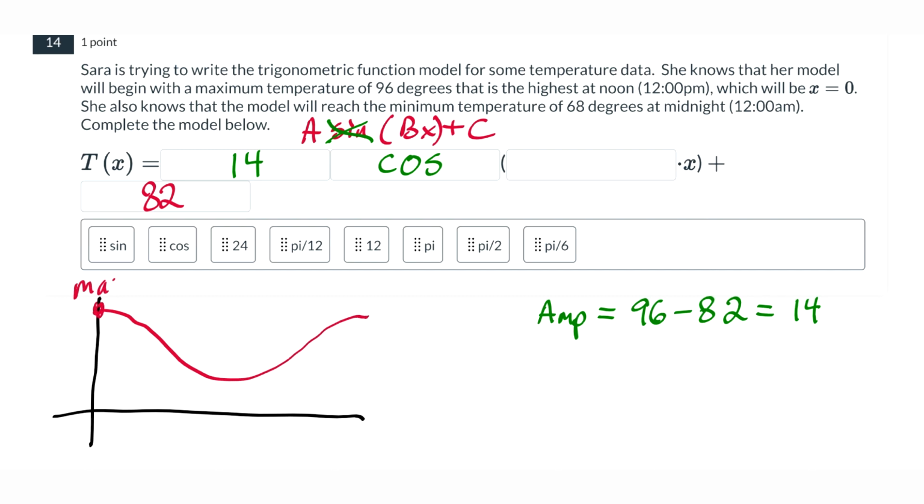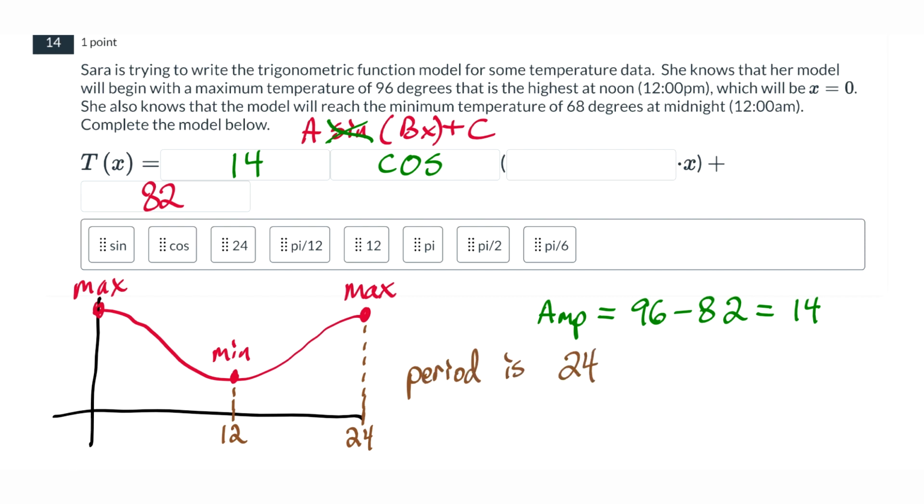So I'm going from max to min to max. If I know that from max to minimum, it takes 12 hours, because noon to midnight is 12 hours, then to hit the maximum would be the double distance of that. This would be 24 hours, right? So I know my period is 24 hours.